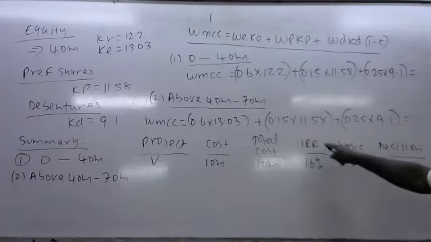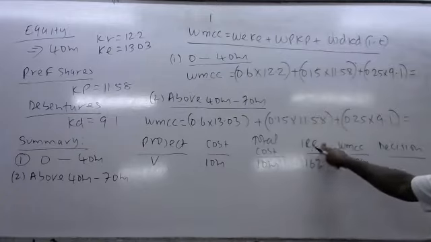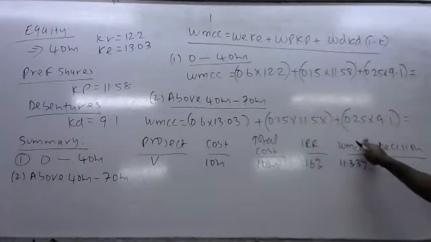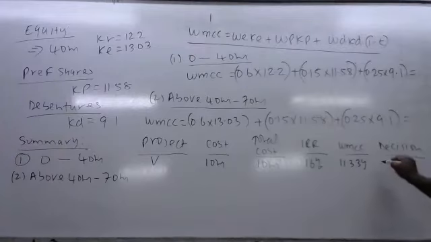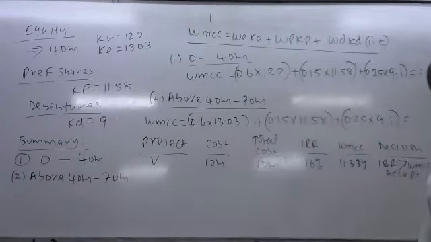IRR is a return. WMCC is a cost. So any project whose IRR is greater than WMCC, we accept. So this one is accepted because the IRR is greater than WMCC.